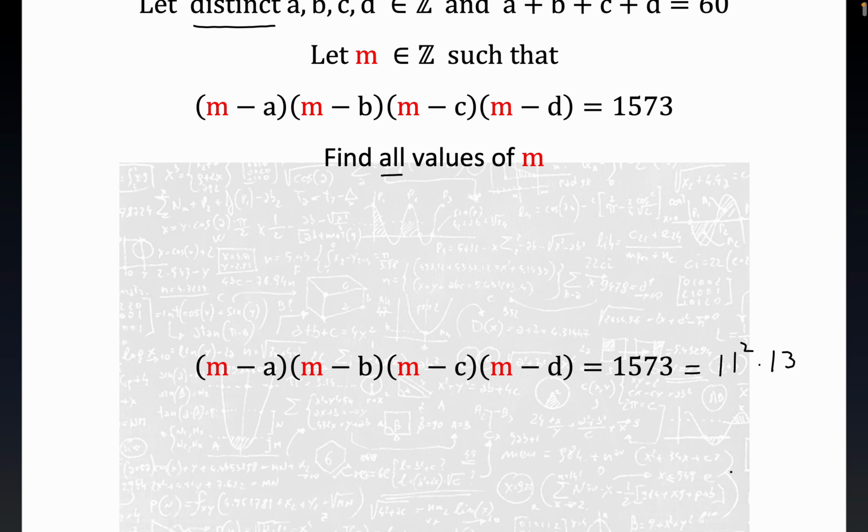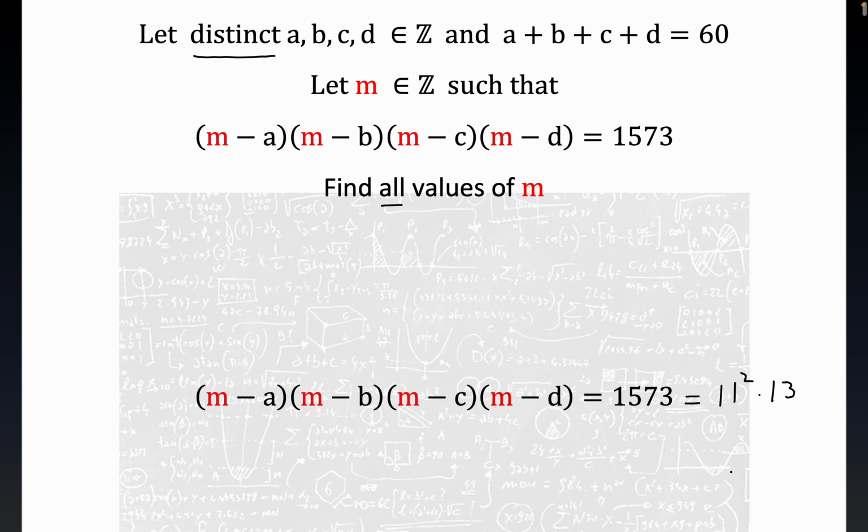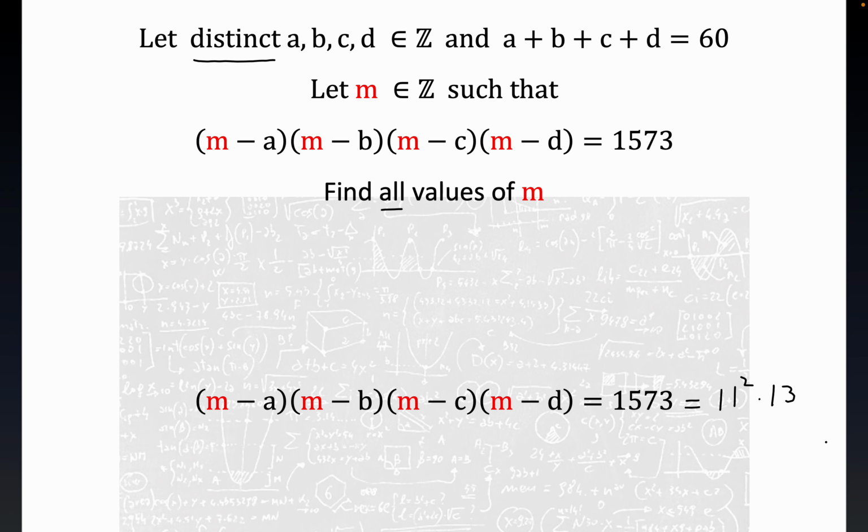Now, one way to look at it is to just spread these primes out however you can. And so we might consider putting 11 here. Now, since they have to be distinct, you can't put 11 again, right? So you have to put minus 11. All right? And then all that's left here is 13.